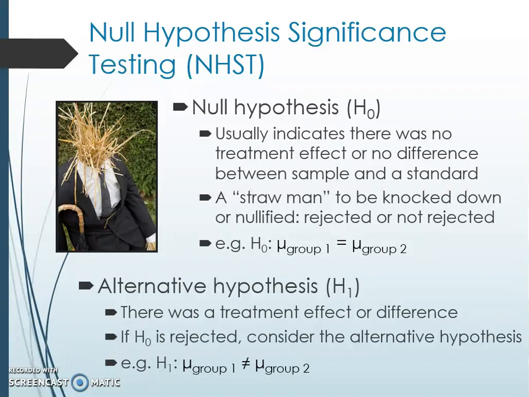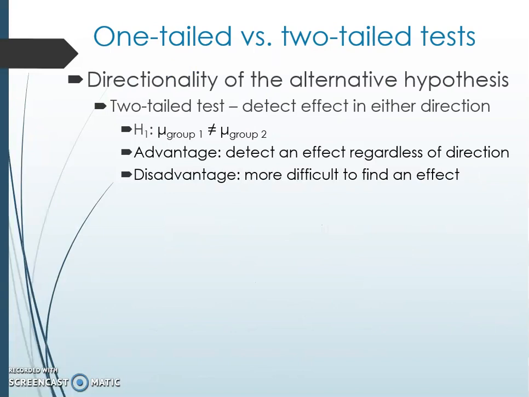in our subsequent chapters. So part of your decision making as a researcher is to decide whether you want to test that null hypothesis or adopt the alternative hypothesis using a one-tailed or a two-tailed test. Now, the idea of tails comes from frequency distributions and sampling distributions, and I'm not going to go into the details of that, but for right now, you should know that really this is about directionality of the alternative hypothesis.